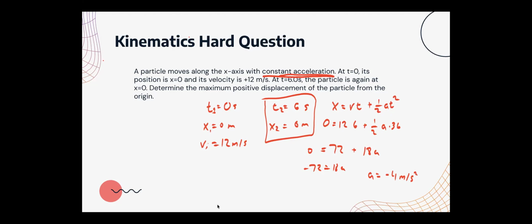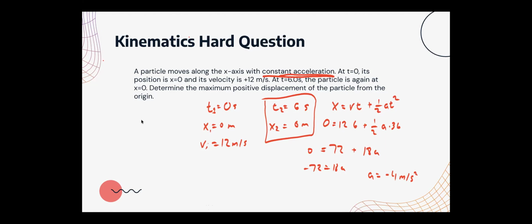Yes, I saw one yes. Everyone else? Okay, I'm seeing more yeses now. So now we know this acceleration, correct? So now we can try to find this maximum positive displacement.